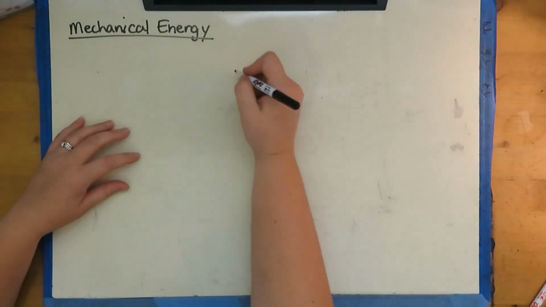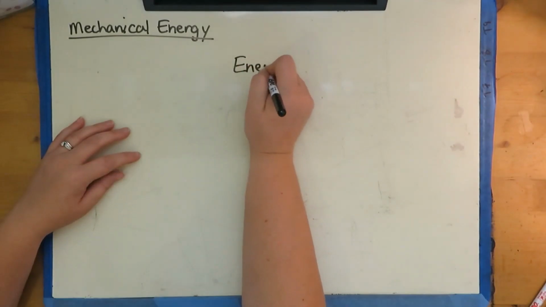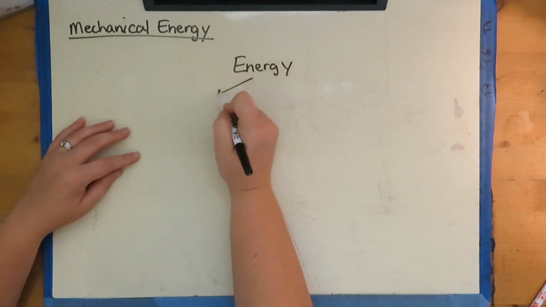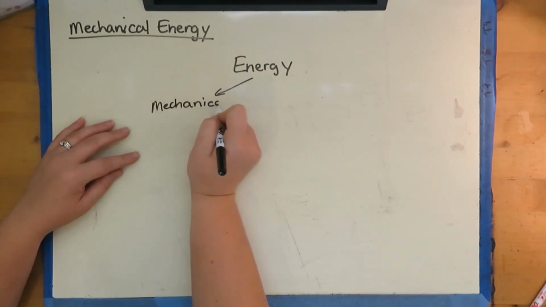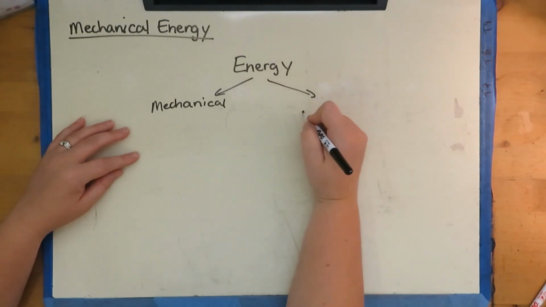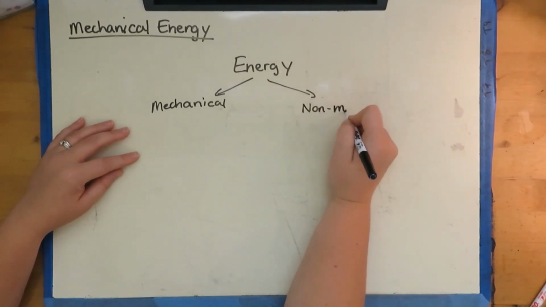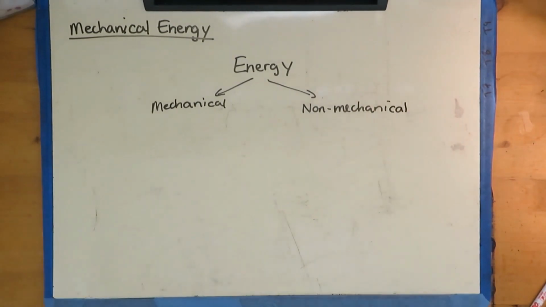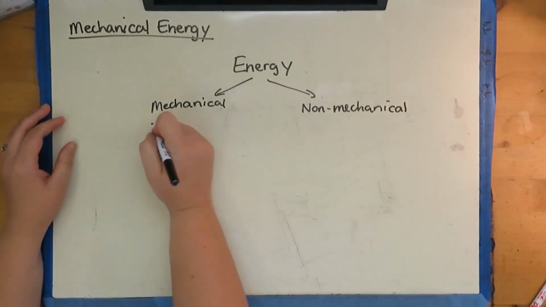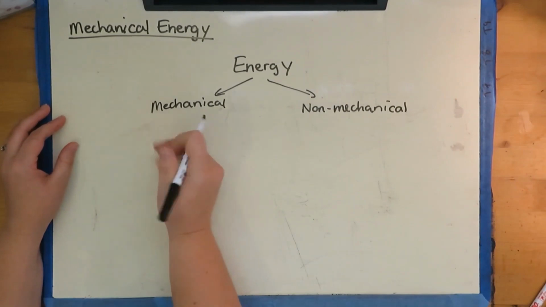So just in general, energy can be divided into two different types. It can be divided into mechanical energy and non-mechanical energy. Our mechanical energy is kinetic energy and potential energy.